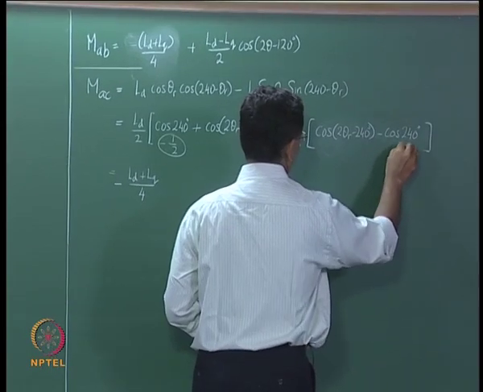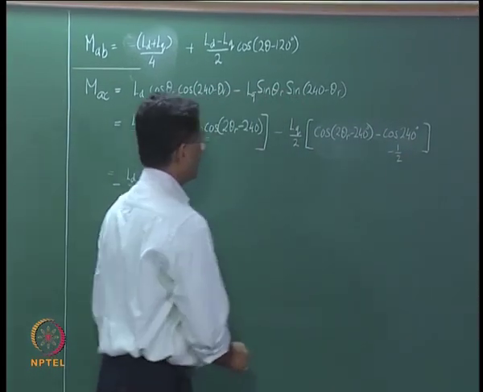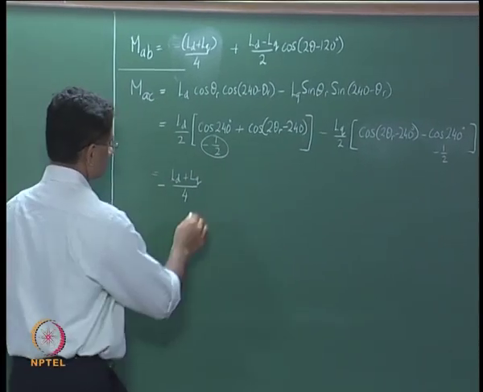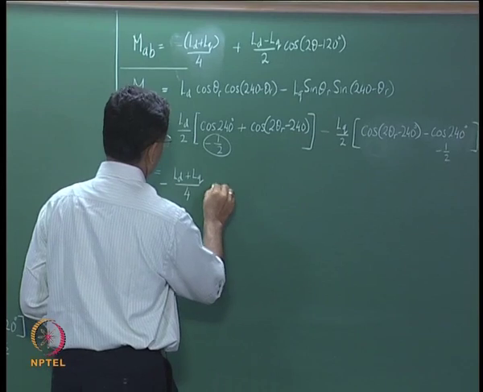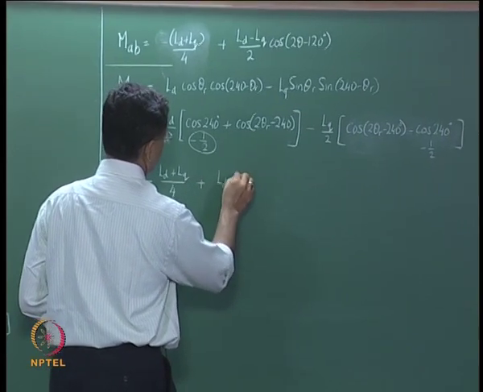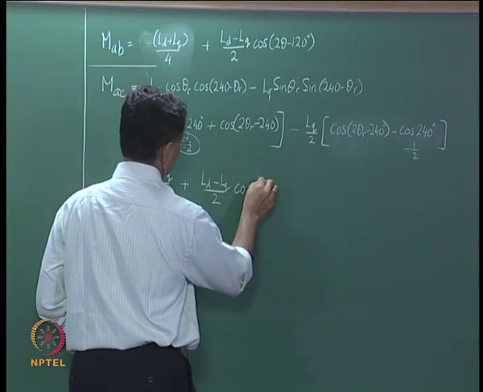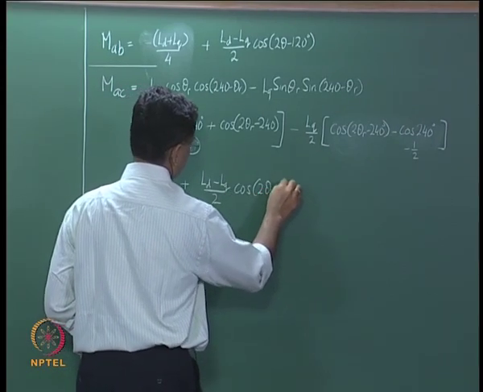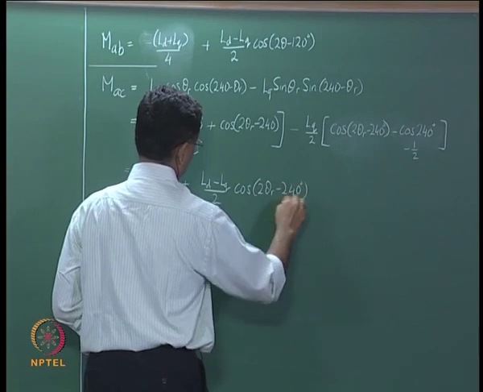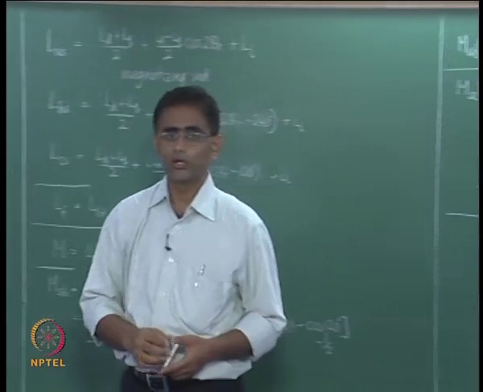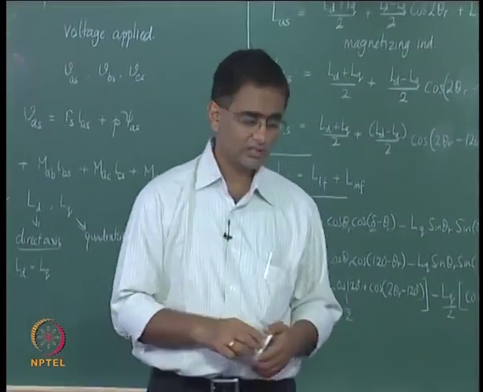Okay. So this is minus half then. So you have minus LD plus LQ by 4, and then you have plus LD minus LQ by 2 into cos of 2 theta r minus 240 degrees. So this is the expression for mutual inductance between the A and C phases.